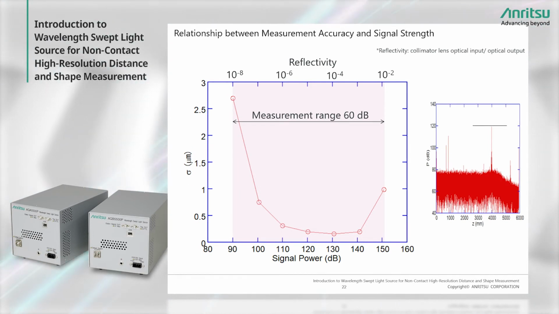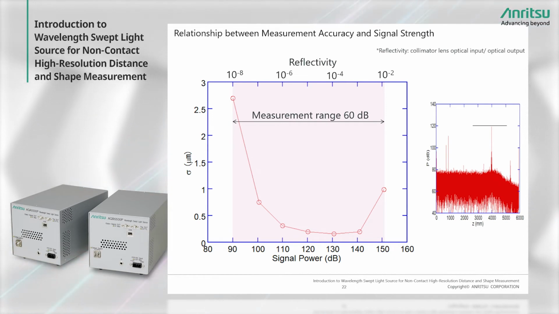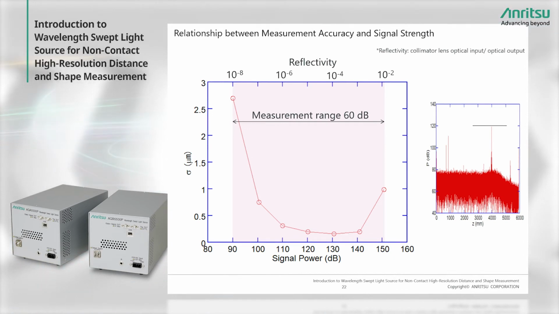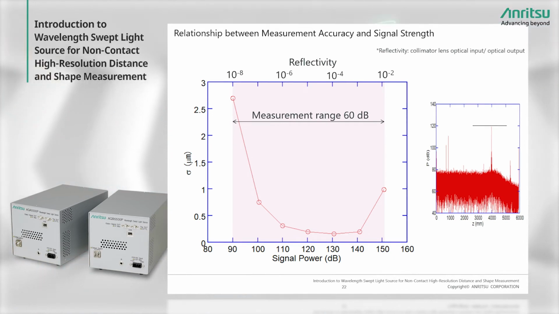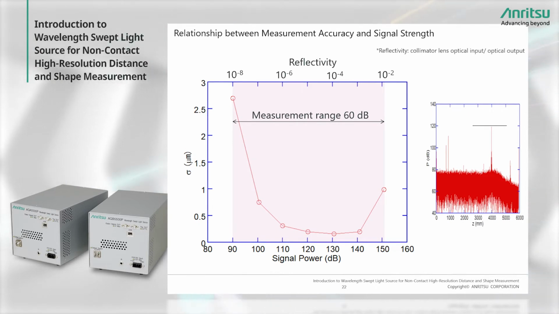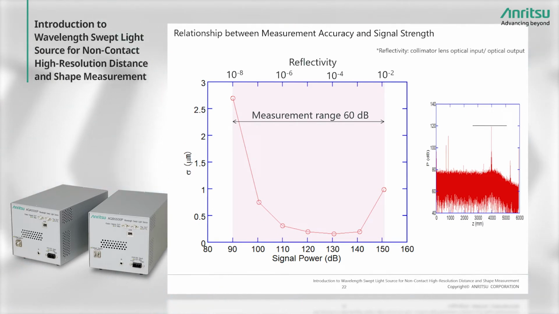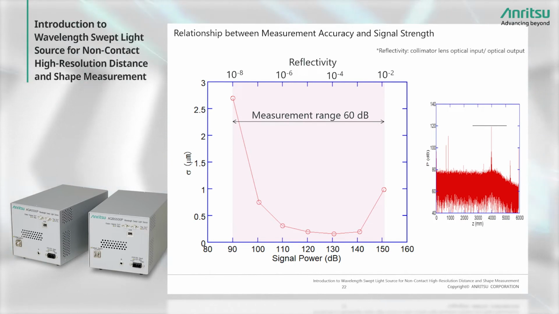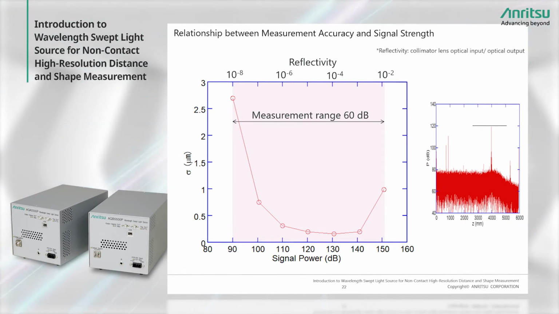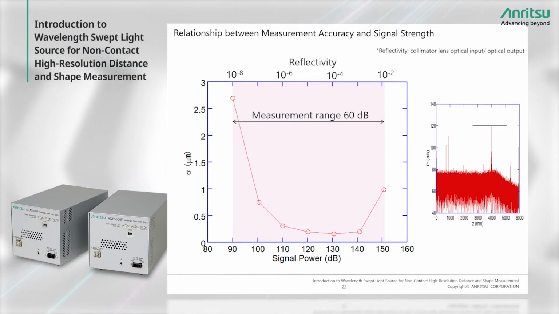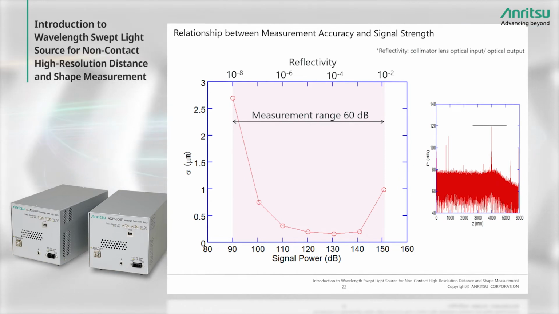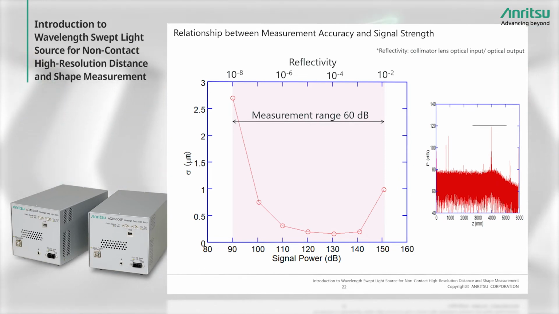However, when the signal strength becomes too high, the optical receiver is saturated, causing saturation of the AD converter and degrading the signal quality, which in turn causes poor measurement stability and worse measurement accuracy. Looking at this, we can say that the dynamic range of the signal is about 60 dB to achieve a measurement range with micrometer order accuracy.